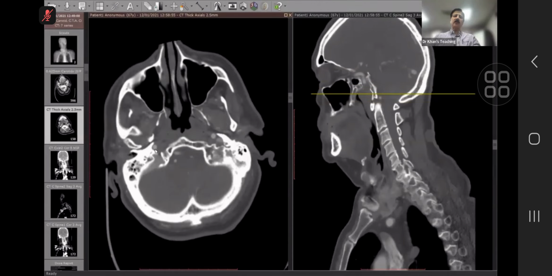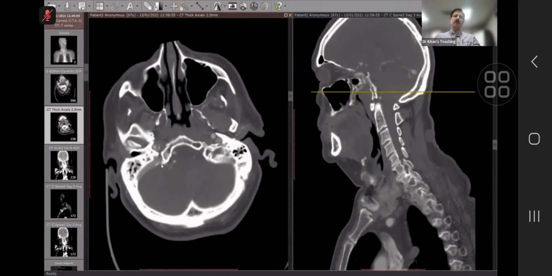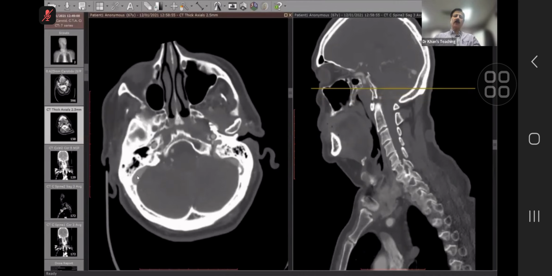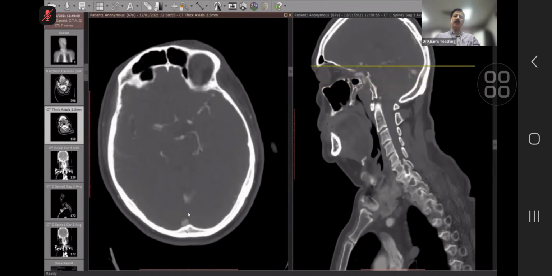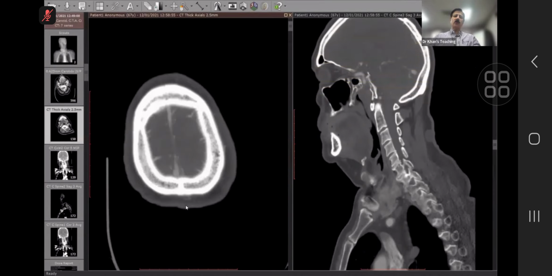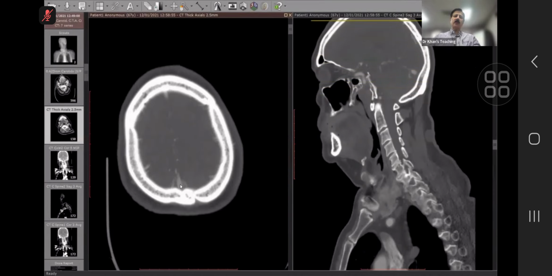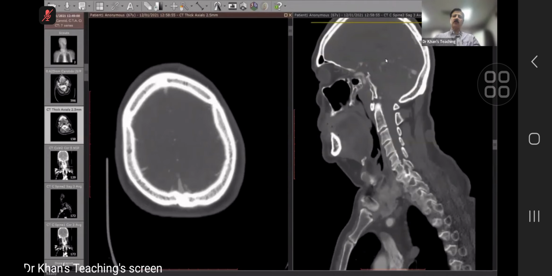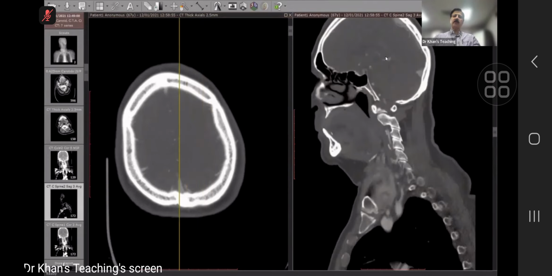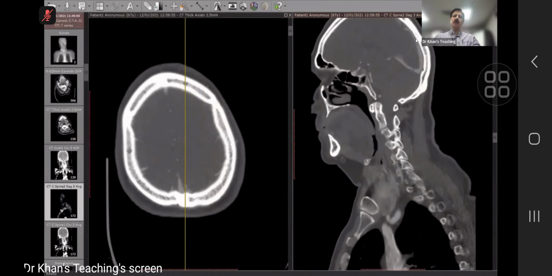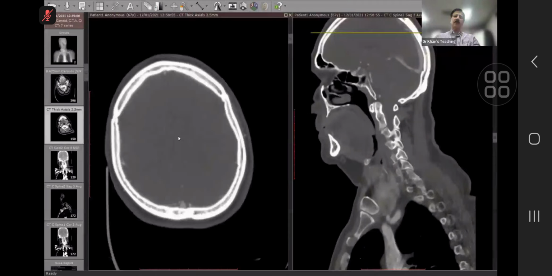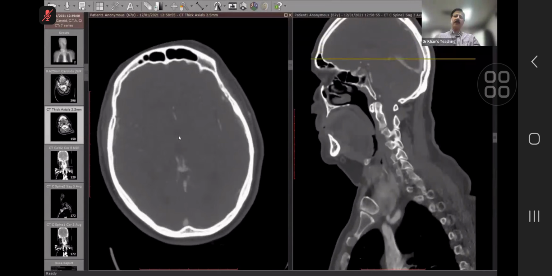Now, let's see the jugular foramen. So if you see here, I am going superiorly. So you can see that this is the superior sagittal sinus. And we are coming inferiorly.